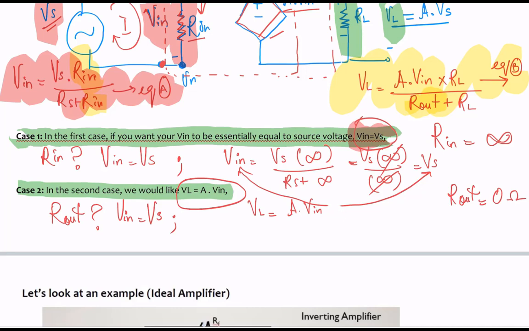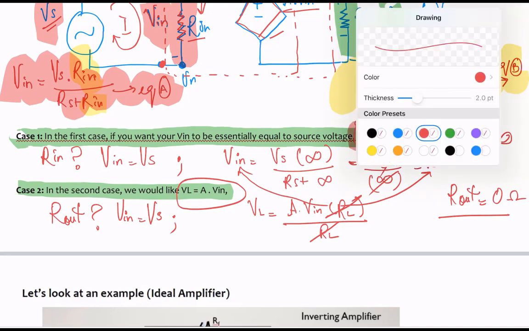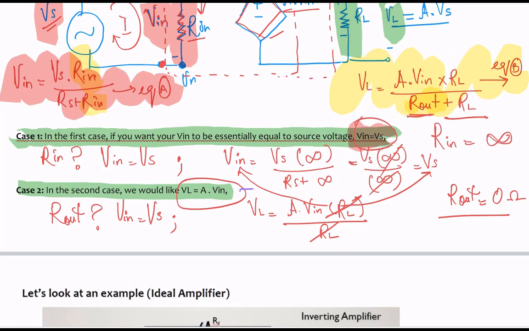Multiplied by RL, so I get RL here divided by R out plus RL, R out being 0, so we get RL here, RL cancels out, and we get VL equals A dot Vn, and that's what we were aiming for, right?